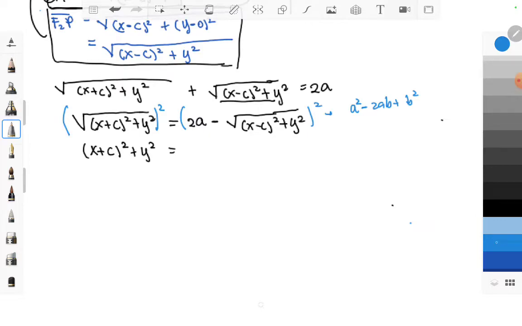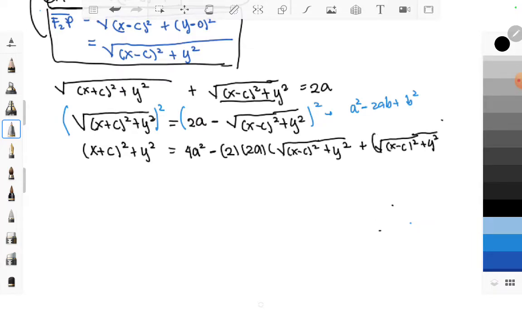So from here I will have 4a square minus 2 multiplied by 2a multiplied by the square root of x minus c square plus y square plus the square root of x minus c square plus y square squared.